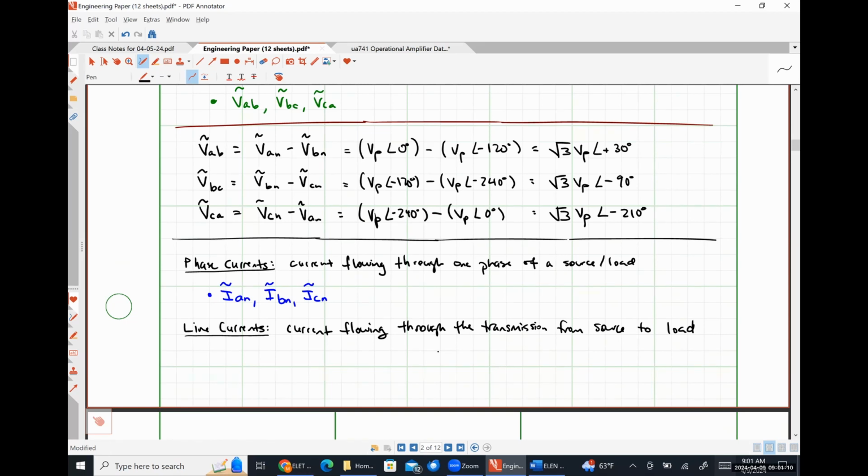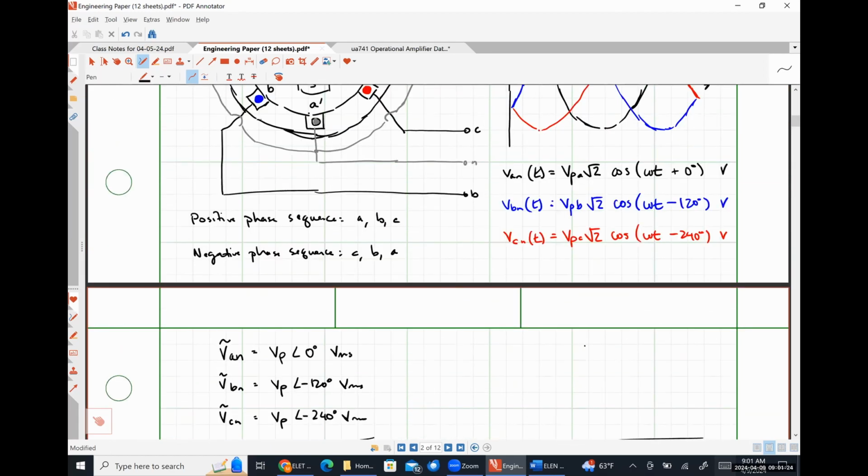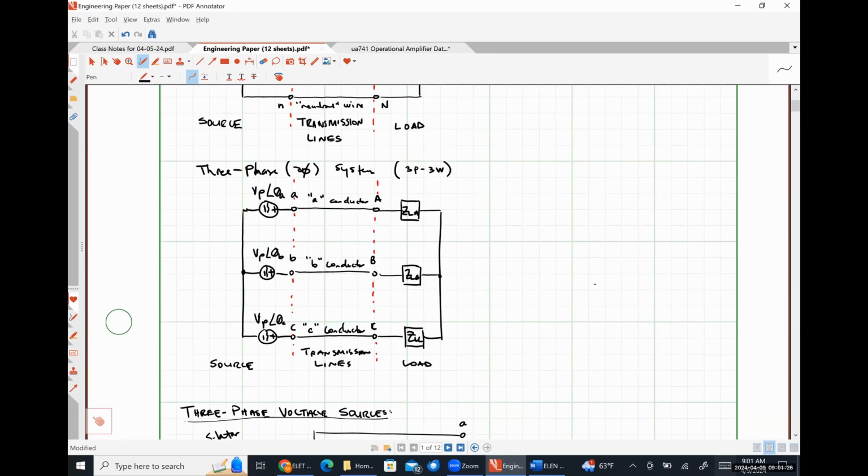I can't represent line currents on our source because we don't have anything connected, right? If I scroll back up to our original picture that I drew though, we would have a line current IAA, like so.